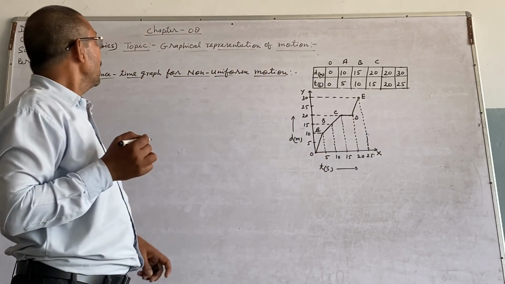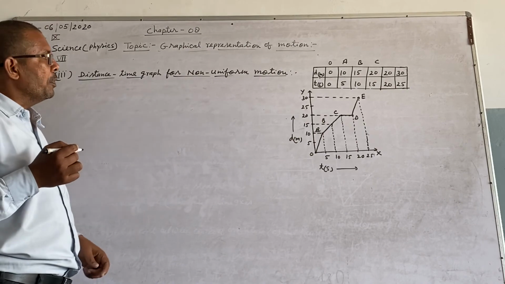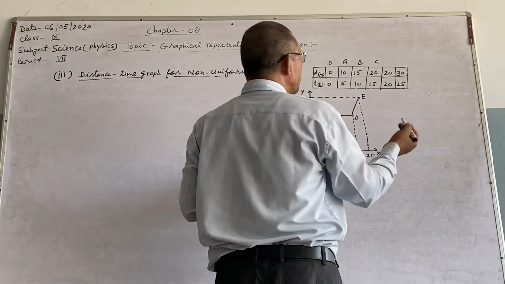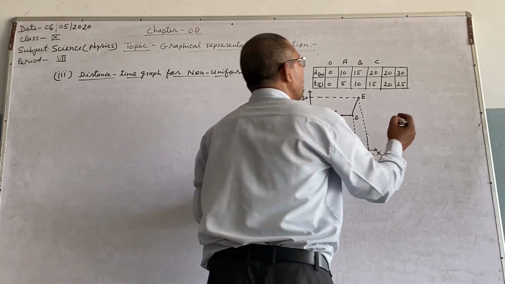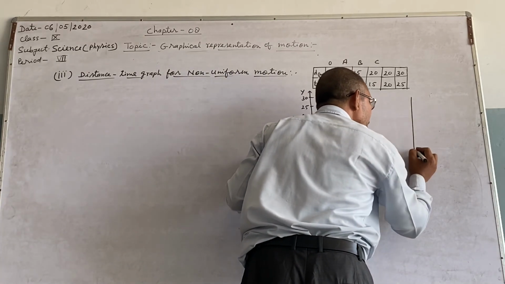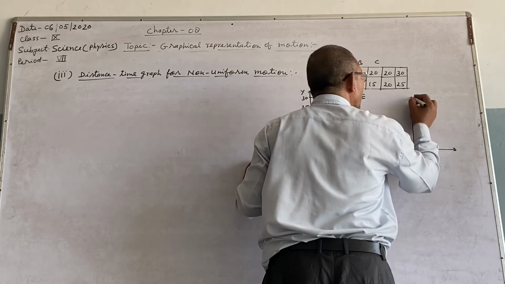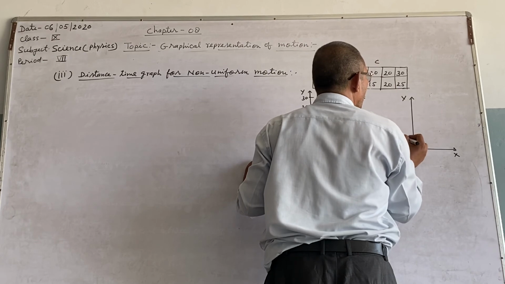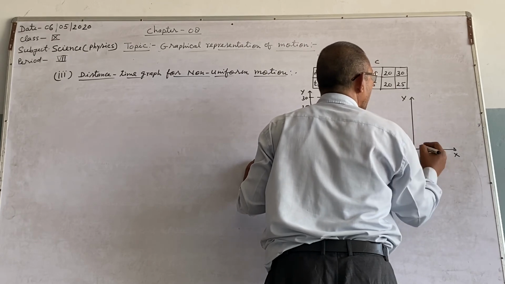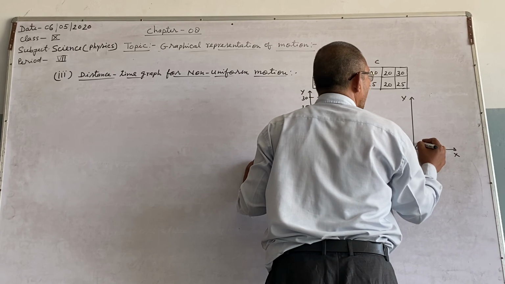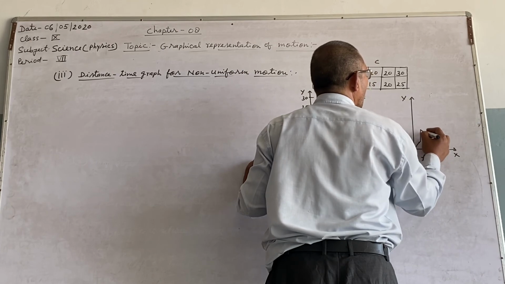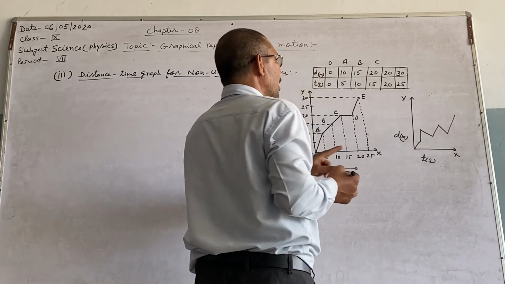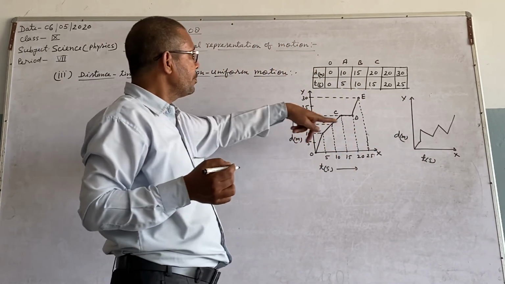So this is the distance time graph for non-uniform motion, right? That is actually distance time graph for non-uniform motion. Maybe like this. It may be like this, or right, that is here.